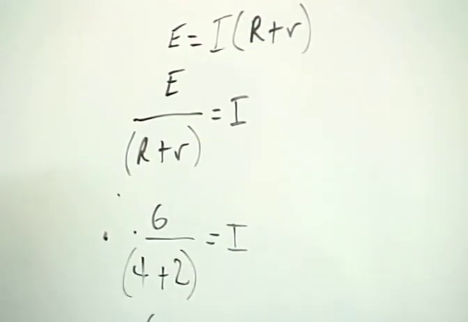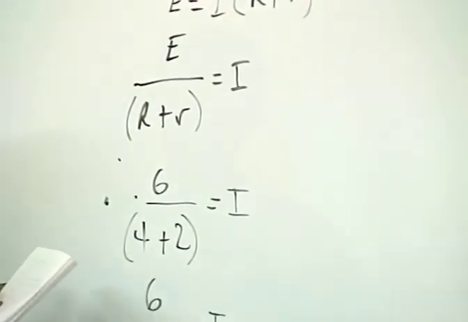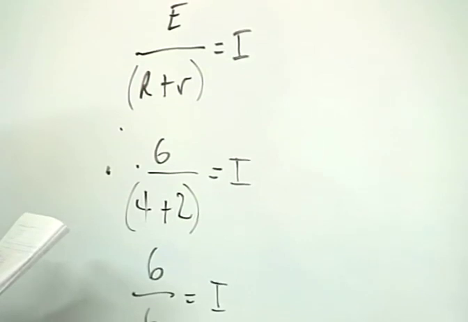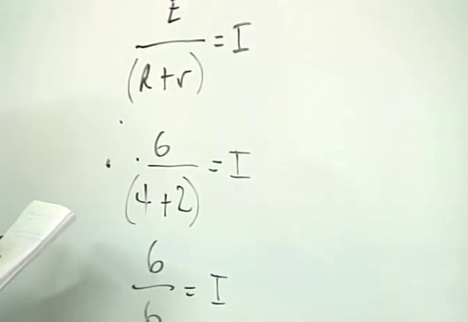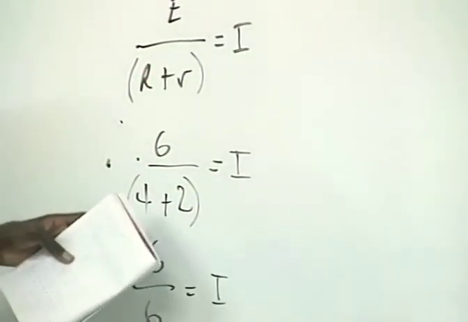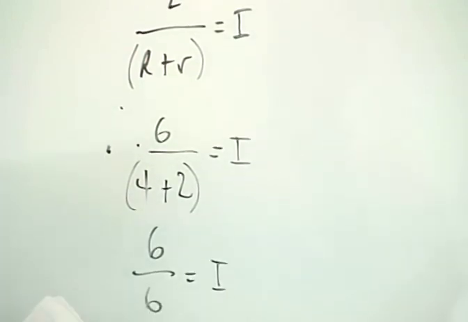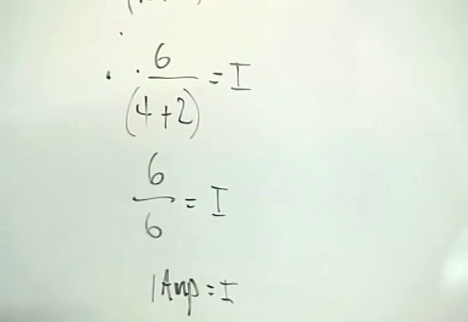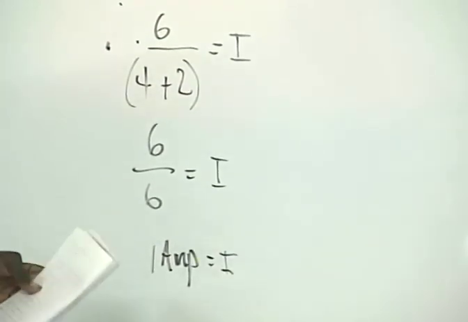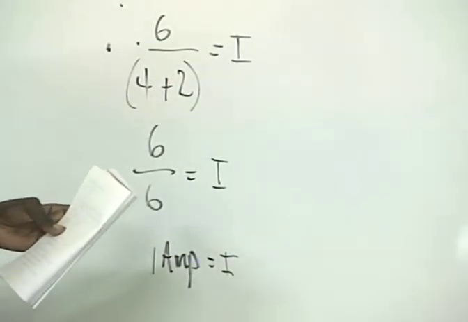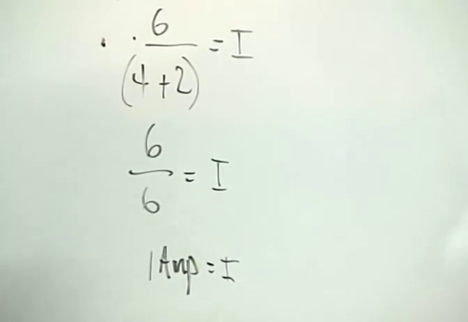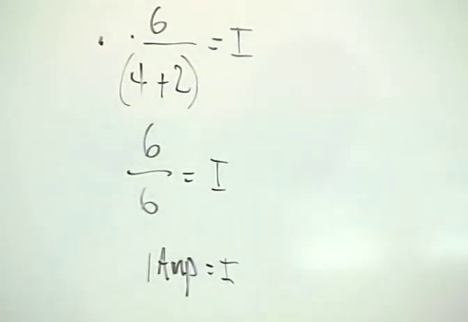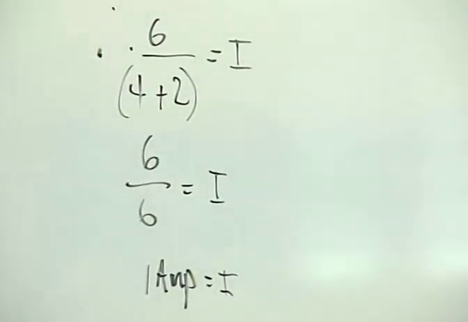So 6 over the internal resistance plus the resistance of 4 ohms, so that's 4 plus 2, you'll get 6. So 6 over 6 is equal to 1 amp. So the current that flows is equal to 1 amp. Right, that is for question number 1.